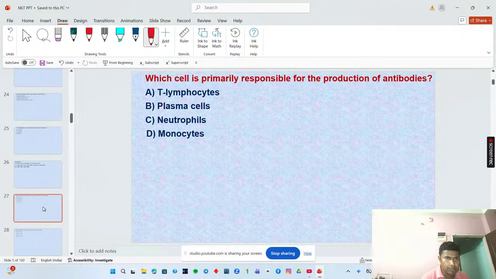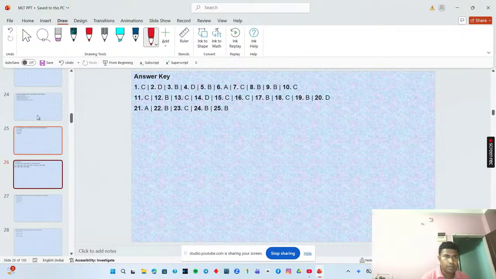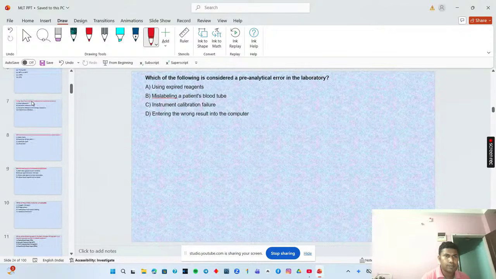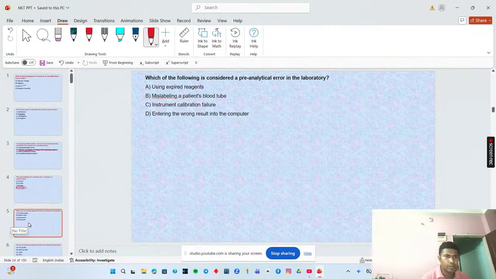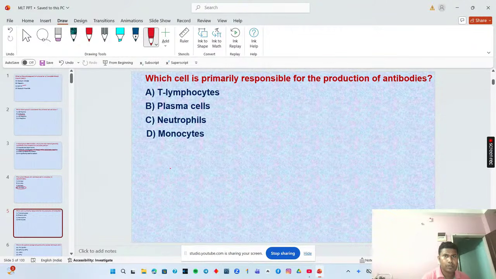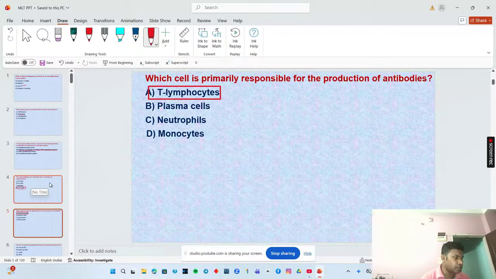Which cell is responsible for production of antibodies? It will be lymphocyte.